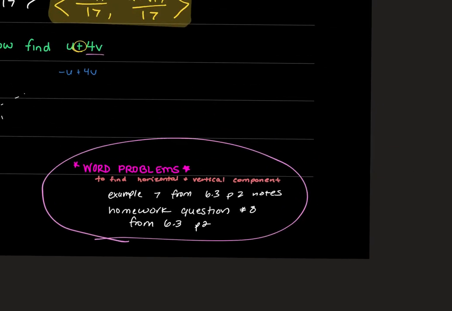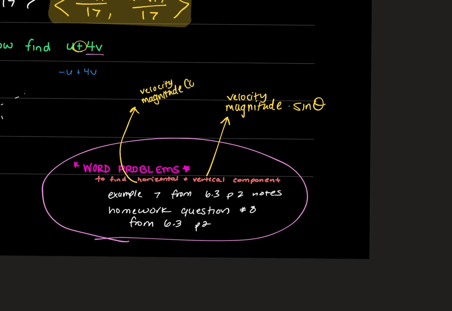So to find the vertical component, we do the magnitude times sine of theta, because it will give you the angle and it will give you the velocity. Those are the same things. Magnitude and velocity are the same thing. And to get the horizontal component, it would be the velocity or speed or magnitude times the cosine of theta.